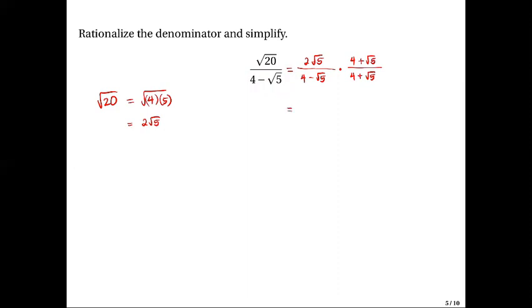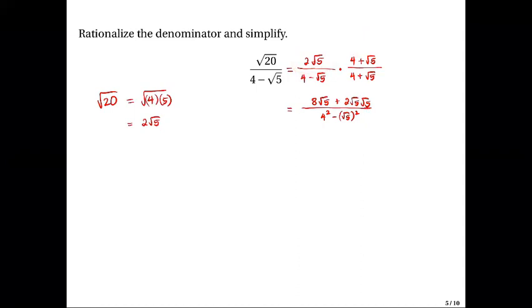So for the denominator, you will just have 4 squared minus square root of 5 squared. For the numerator, let's just distribute over the sum there. So you will have 8 square root of 5 plus 2 square root of 5 times square root of 5.